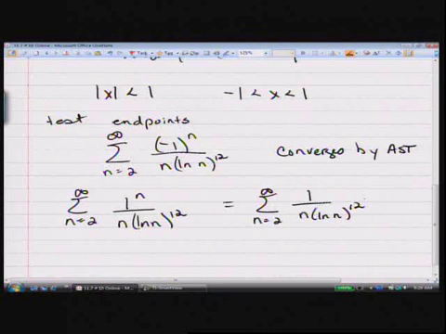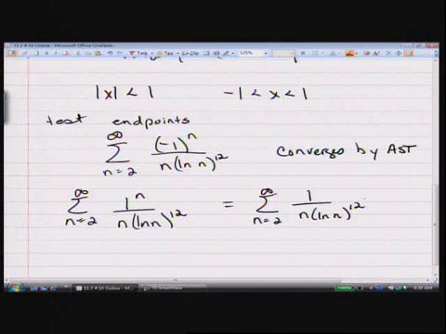trying to think, what can we do? We're going to get 1 if we do the ratio test. If we do the integral test, the derivative of ln x is 1 over x, right?